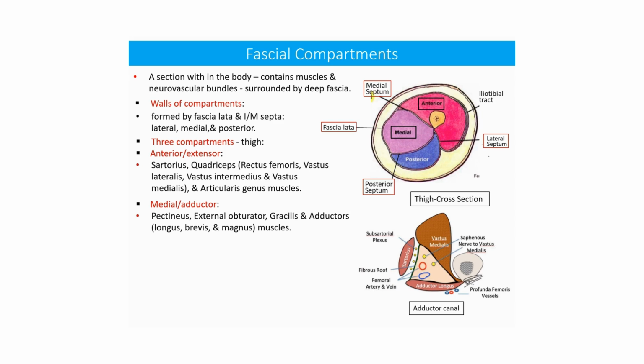Medial or adductor compartment, which contains pectineus, external obturator, gracilis, and adductor muscles. And the third one, the posterior, which is also named as flexor compartment, contains hamstring portion of the adductor magnus, biceps femoris, semitendinosus, and semimembranosus muscles.